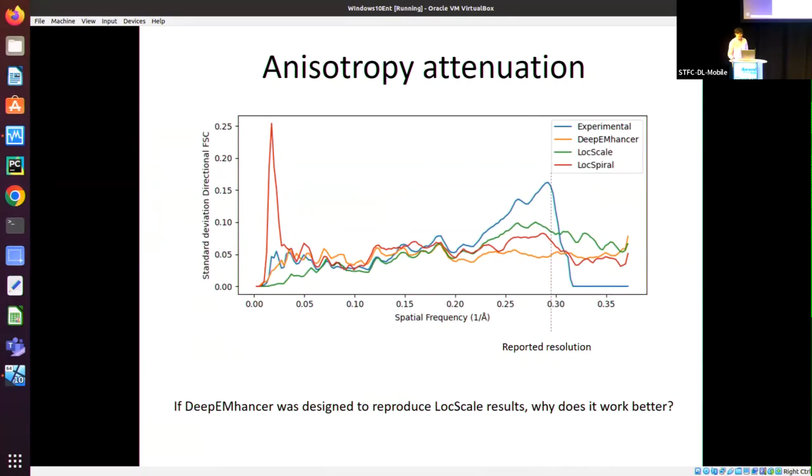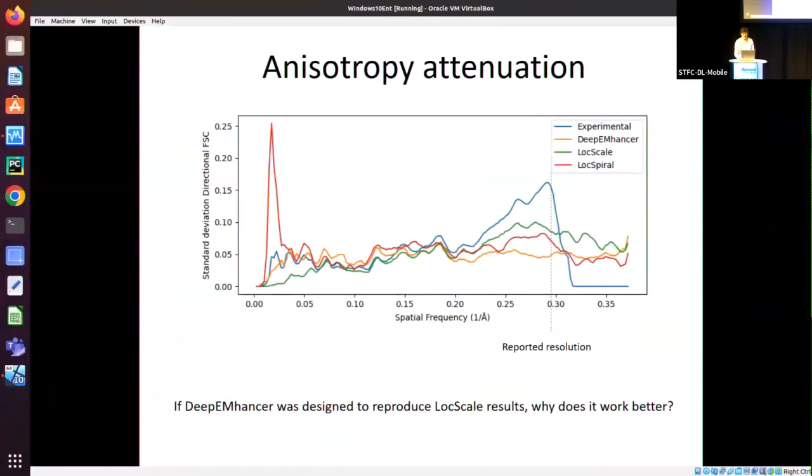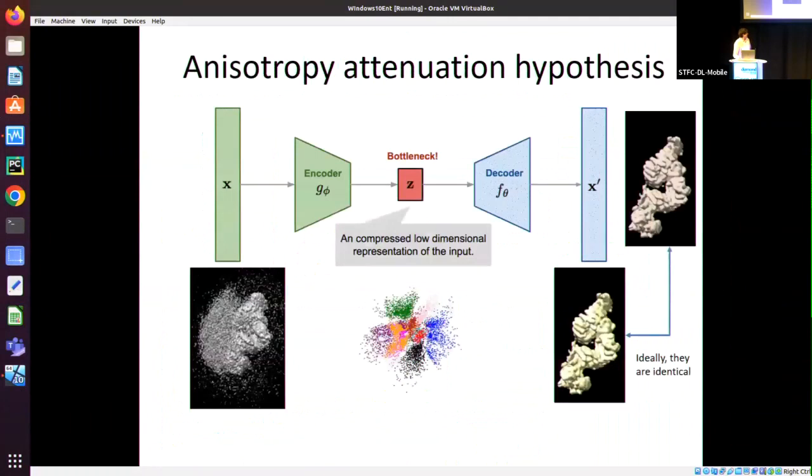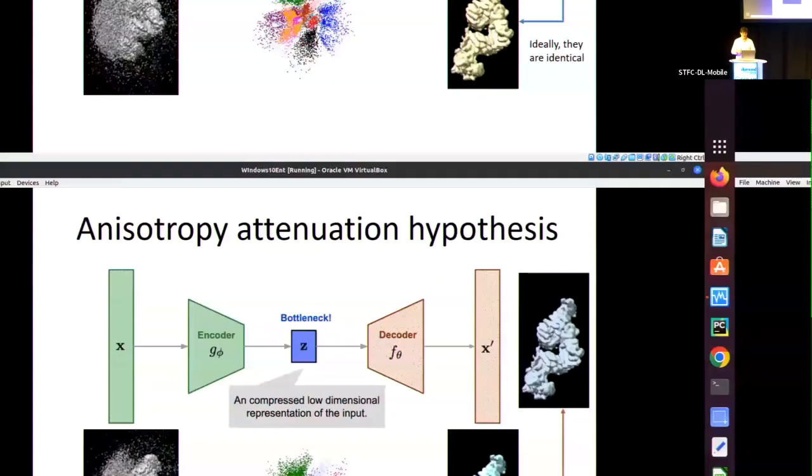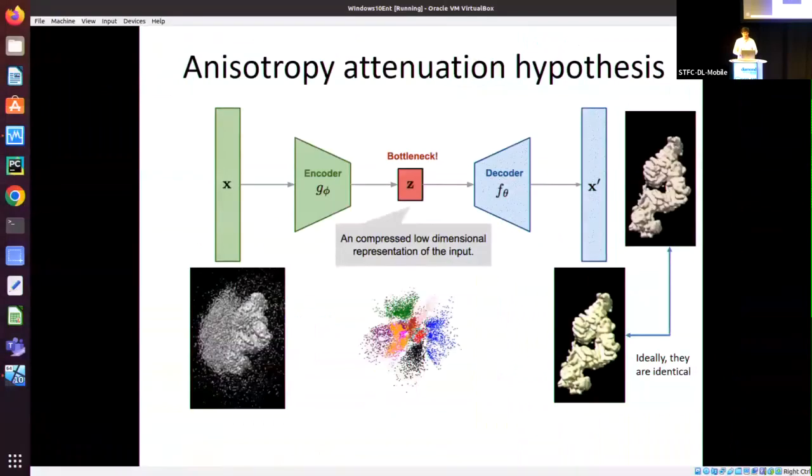So there should be something else that explains that. And to be honest, we don't have a good explanation, but we have a hypothesis that we try to prove. We have talked a lot about embeddings and latent spaces, and we think that it is related to that.